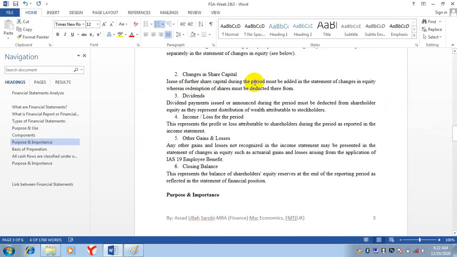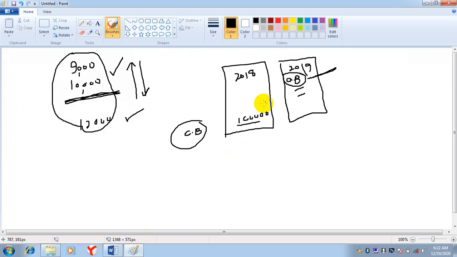Issue of further share capital during the period must be added in the statement of changes in equity, whereas redemption of shares must be deducted therefrom. If 1 lakh was our closing balance and the opening balance of the new year, and suppose we issued additional shares of 10,000, we will add it here. And if there is redemption of shares, we will deduct it from the opening balance.